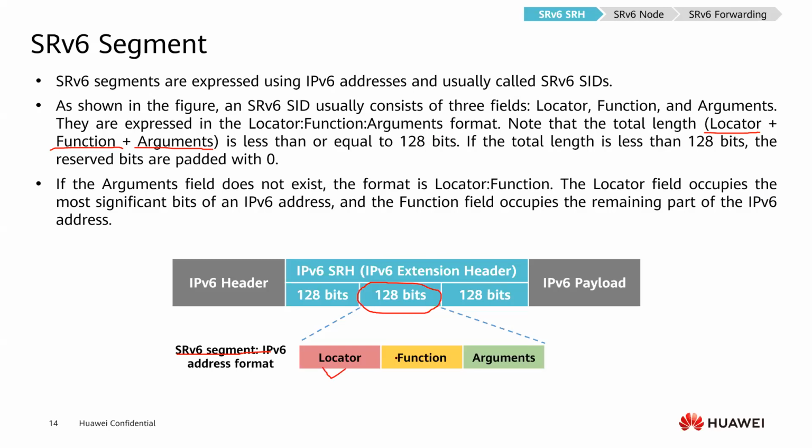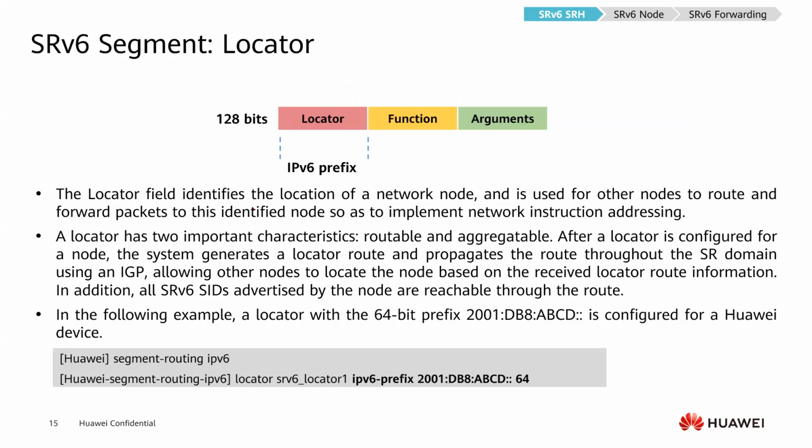The locator identifies the location of the network node, which means for each network node, this locator part must be different, must be unique, because this is an identifier. This is the ID for the devices.